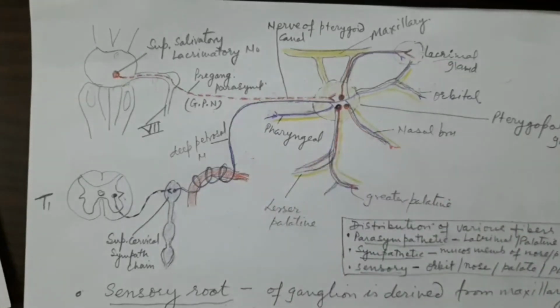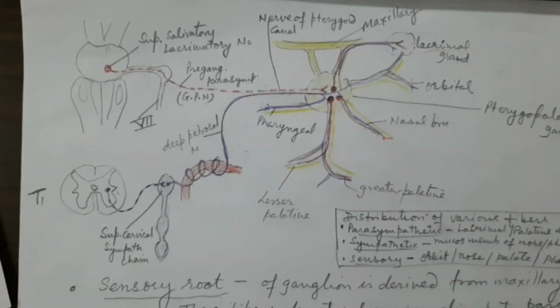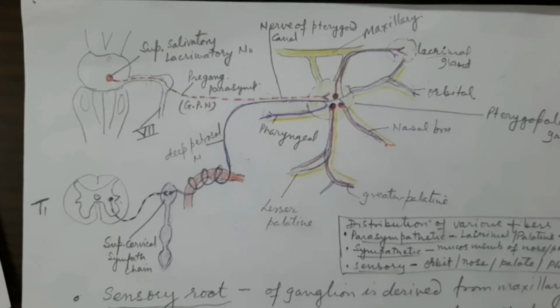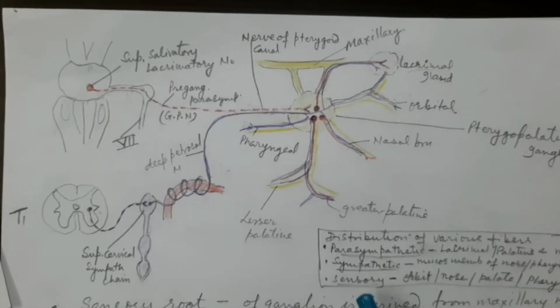Okay, after this, once again I will review the distribution of the various fibers. The parasympathetic fibers mainly will supply three glands: lacrimal, palatine and nasal glands, because they are secretomotor fibers. Sympathetic fibers are vasomotor, that means they supply the blood vessels, tunica media, smooth muscle, and they will go and supply the mucous membrane of nose, pharynx and mostly air sinuses.